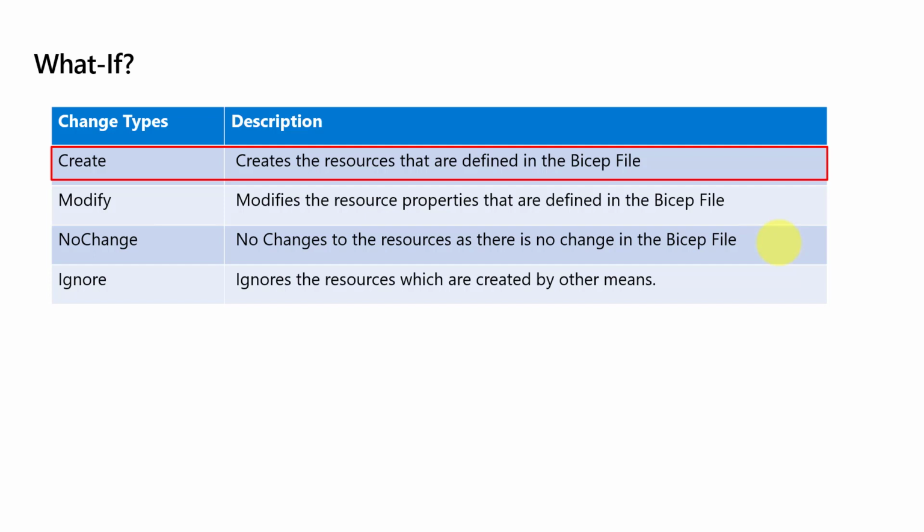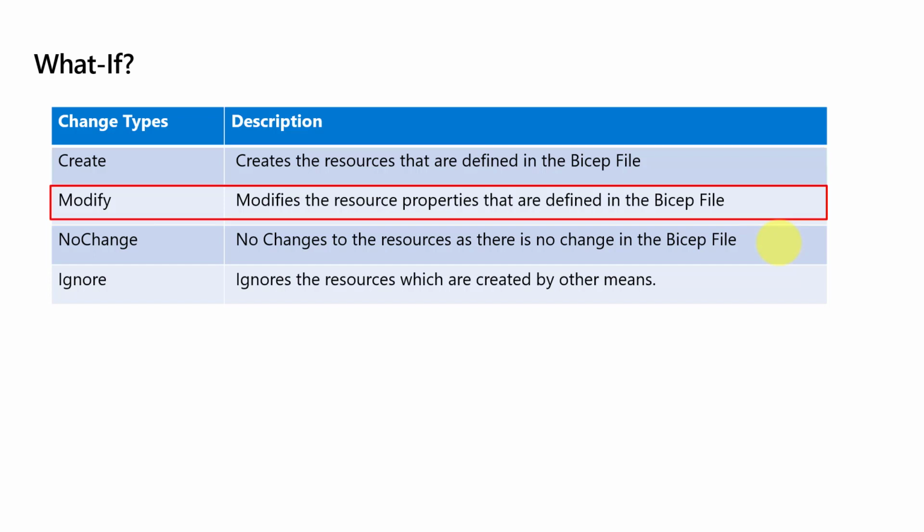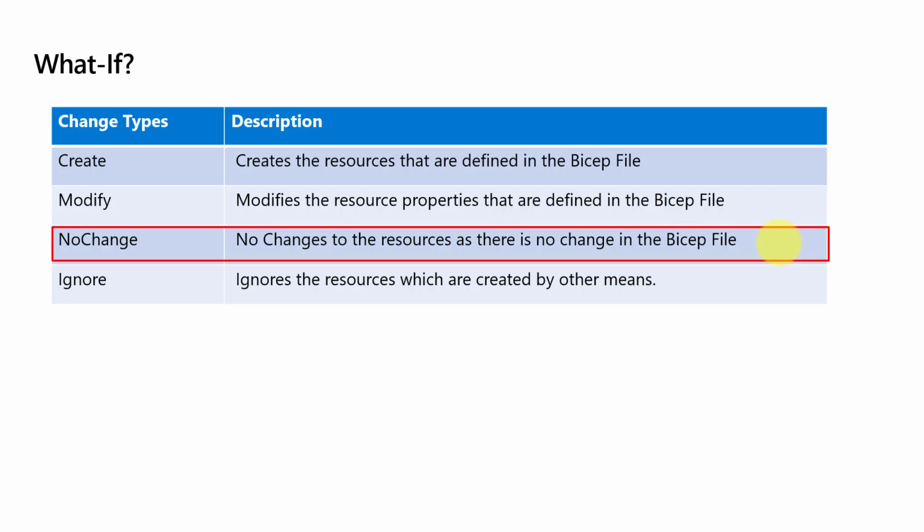And in case we are making any changes to an existing resource, for example, let's say you want to change some properties like adding some tags, then it will tell you that it is modifying one resource. And then if there are no changes but you are still redeploying the same Bicep file, then it would say no change. In the case of our app service plan, it did not show us any changes.